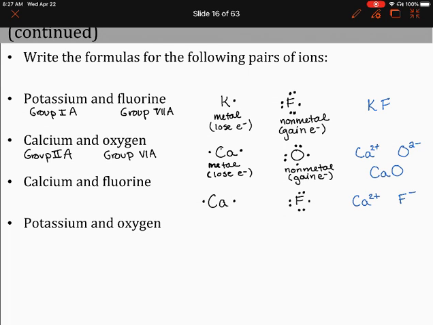How many calciums do we need and how many fluorines do we need in order to balance the charges? We need 2 negative charges to balance those 2 positive charges. So we're going to write CaF and then put a little subscript 2 next to fluorine to show that we have 2 fluorines.